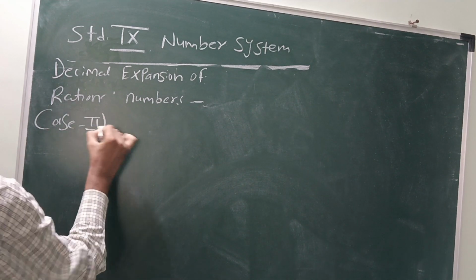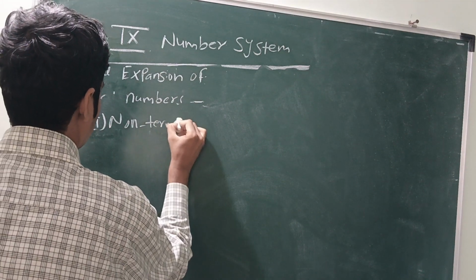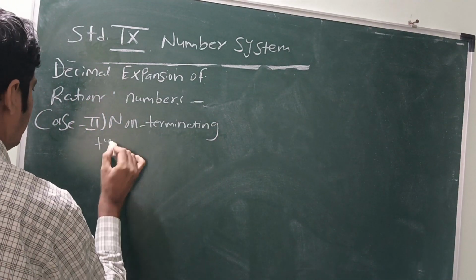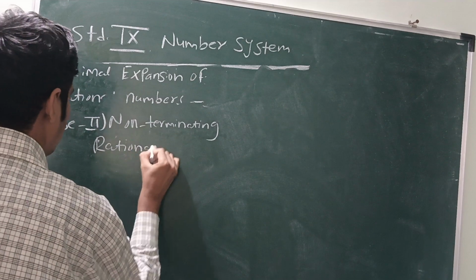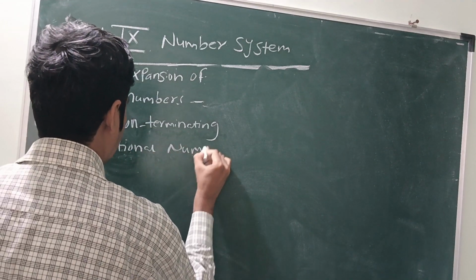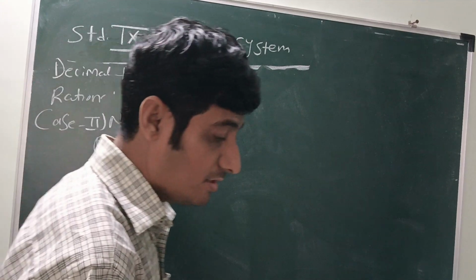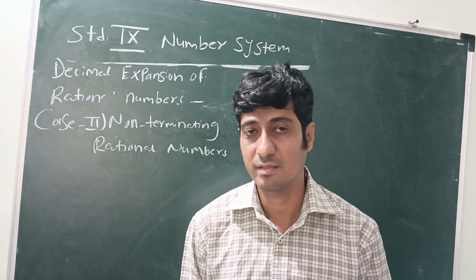Means non-terminating rational numbers. Now in non-terminating rational numbers, the remainder is not 0, but the digits are repeated.